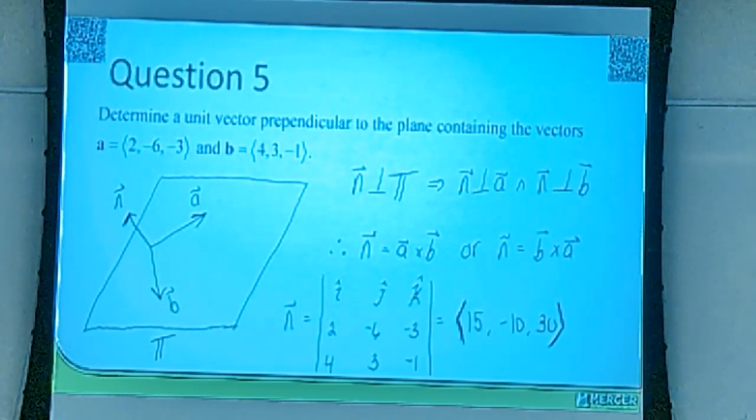Isn't there a common factor? What happens if you just get rid of the common factor? Does it change its direction? Which means it'd still be normal, right? So I'm going to transform this to 3, -2, 6 instead.